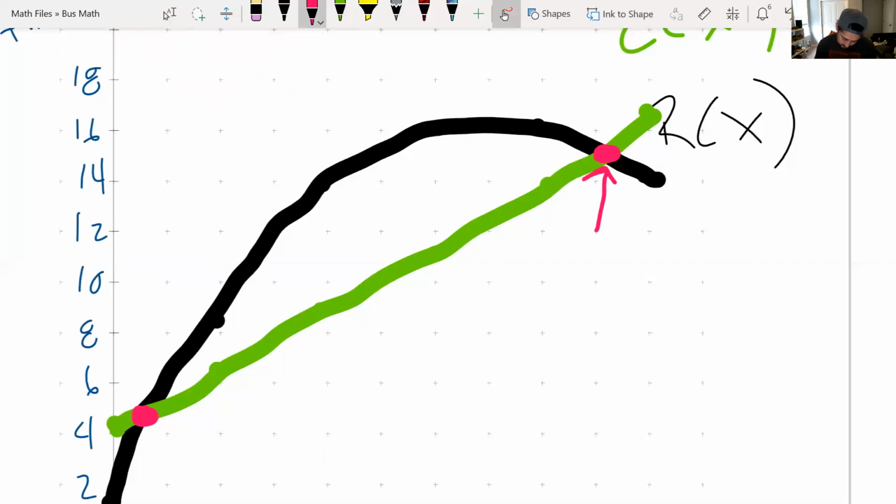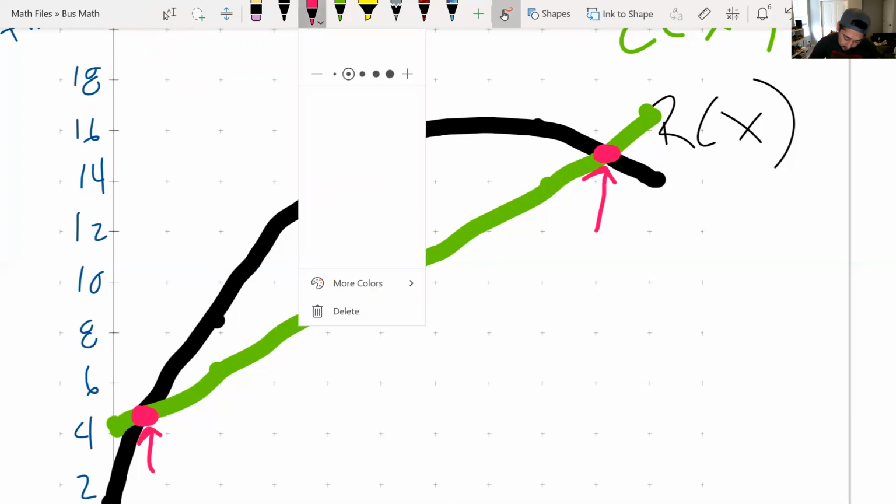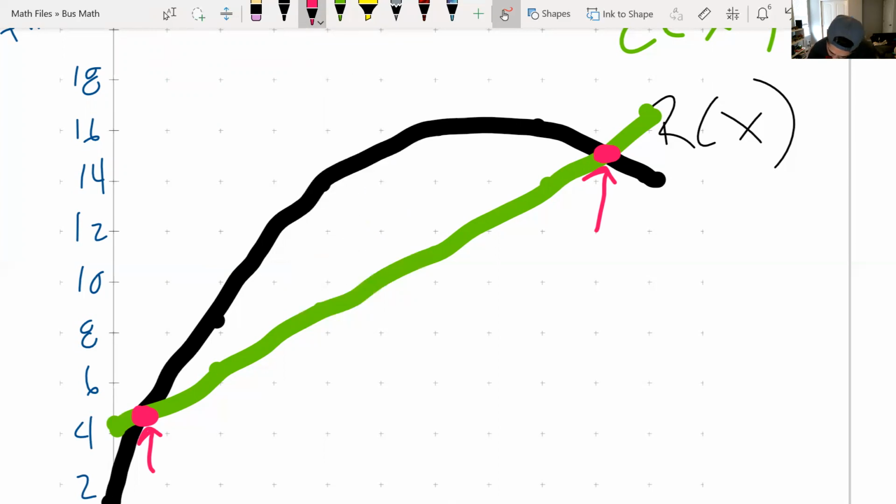These are called your break-even points.